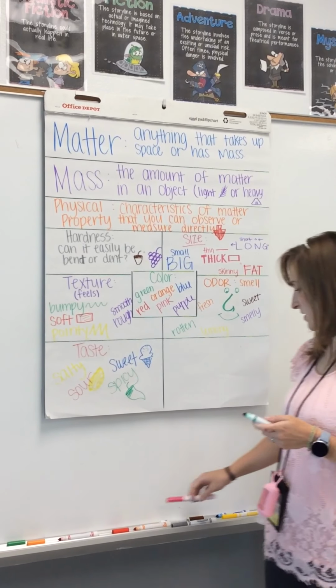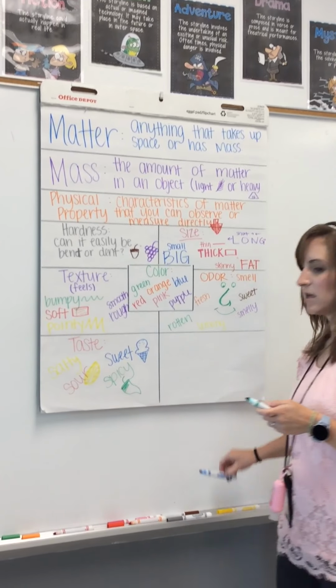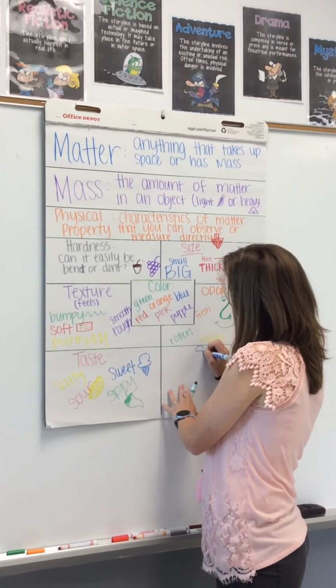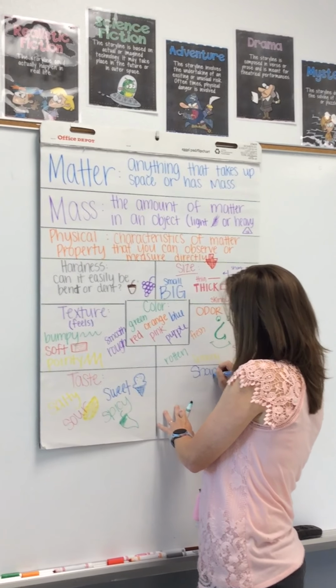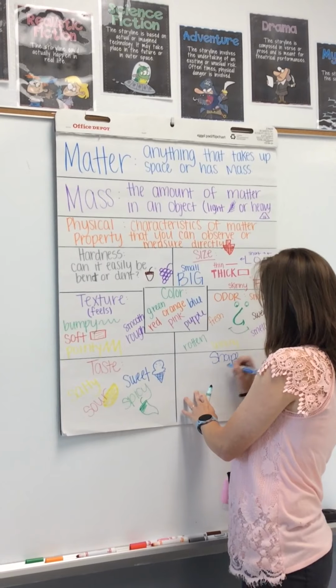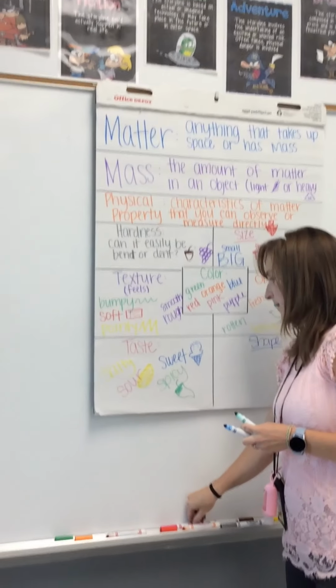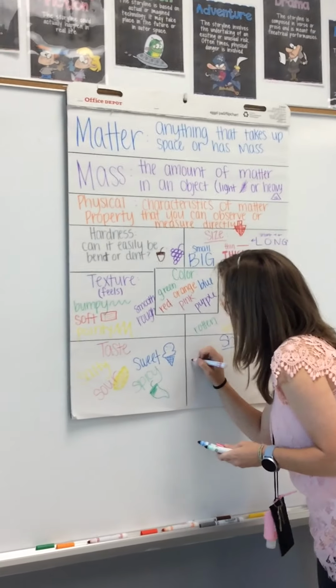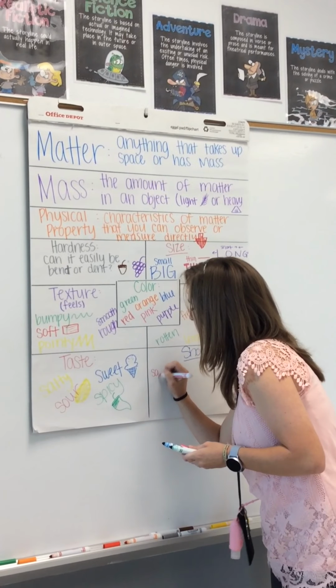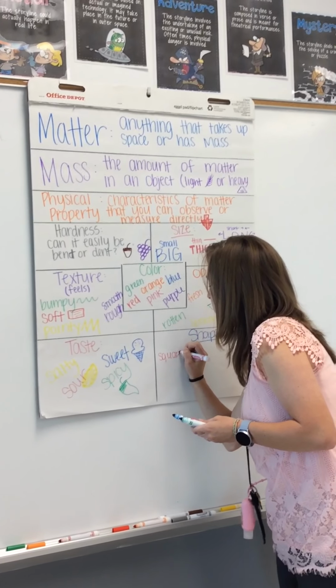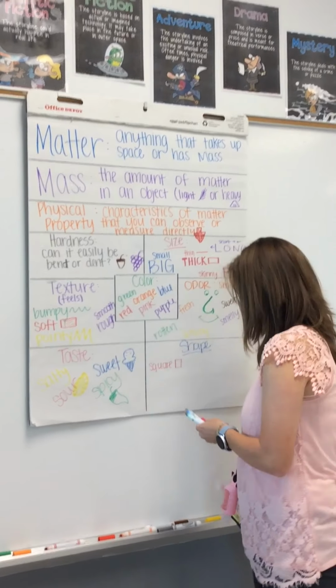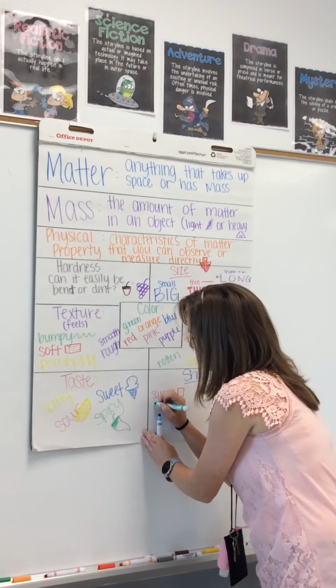The last one we're going to talk about is shape. So usually when you're describing something, you can describe it with its shape. Something could be square. Or round.